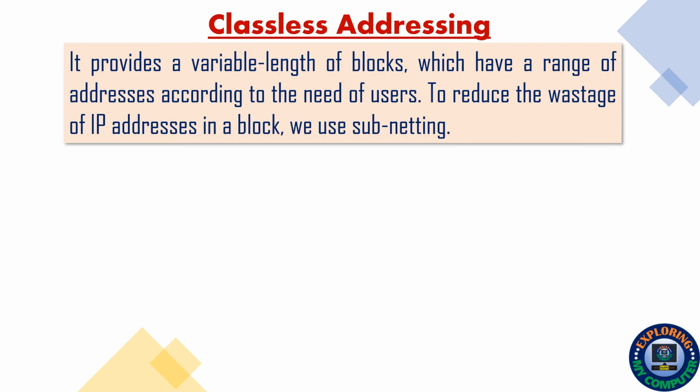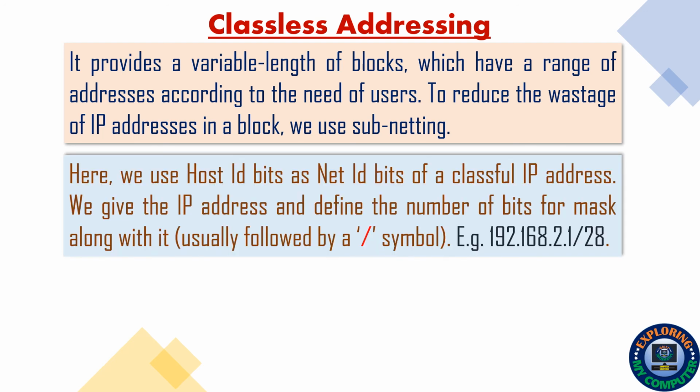Classless addressing. It provides variable length blocks which have a range of addresses according to the need of users. To reduce the wastage of IP addresses in a block, we use subnetting. Here we use host ID bits as net ID bits of a classful IP address.